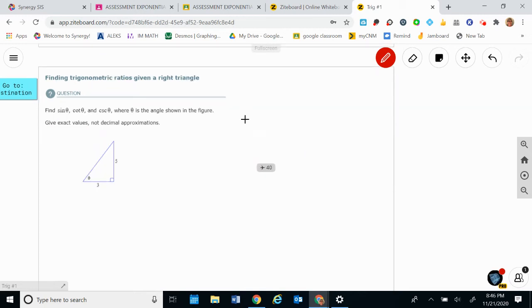Next. Now it says find sine, cotangent, cosecant. Okay, those are new. We haven't talked about those. Okay, so we're going to talk about them right now. So I told you when you have a triangle, these are more just general notes, okay? When you have a triangle, you have A, B, C, A, B, C. The capital letters mark the points, remember?